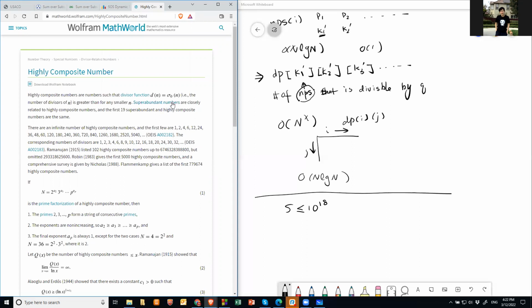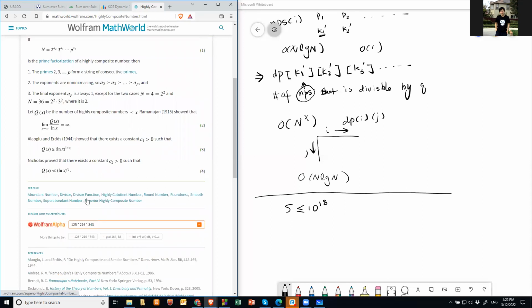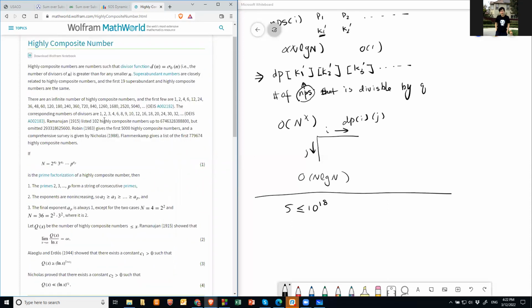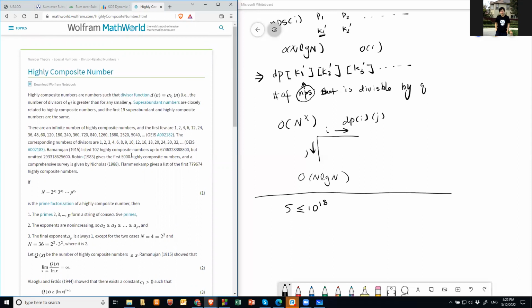So sigma 0, okay? How many possible combinations can you make? So read about highly composite numbers, and you find out that for S less than or equal to 10 to the power of 18, the maximum composition you can make is 103,680 factors.